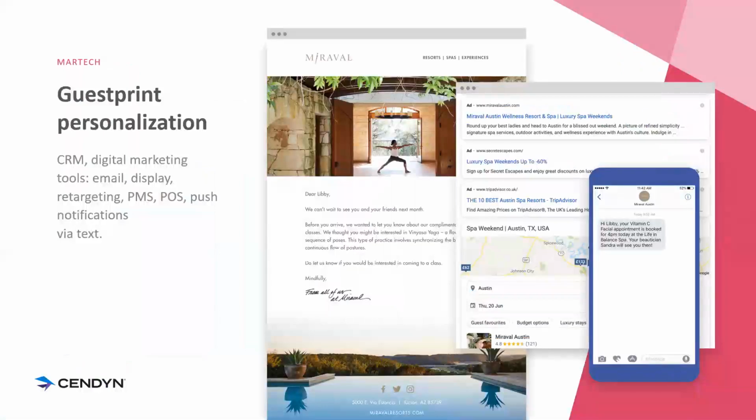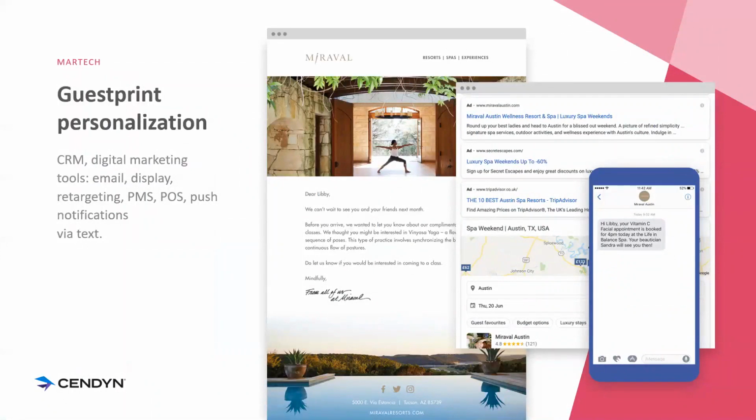Here's an example of how you can actually take the Guestprint model and put it into play with some of the tools that you have. This is one of the clients that we at Cendyn are really honored to work with, called Miraval. And you can see here, after distilling all that information, the guest is going to be getting transactional emails that are personalized to what that guest has told us that she's looking for.